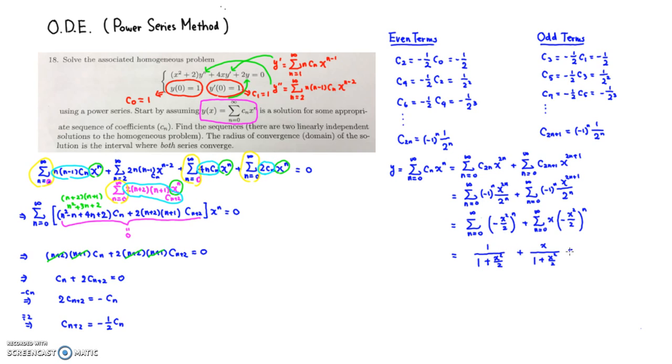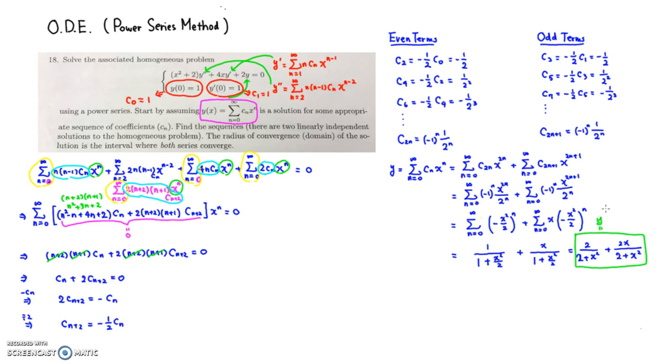Then you would get 2 over 2 plus x squared, and plus 2x over 2 plus x squared. So we found two linearly independent solutions, which is what we're trying to find. And so that's y here.